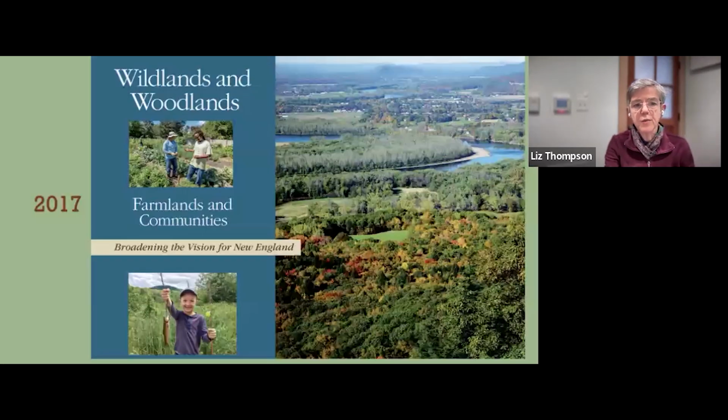So there was a region-wide, New England-wide report, Wildlands, Woodlands, Farmlands, and Communities, published in 2017, that has a vision for New England's landscape that includes some wildland, some actively managed land, protected farmland, and vibrant communities.